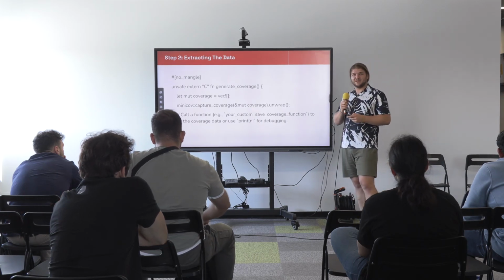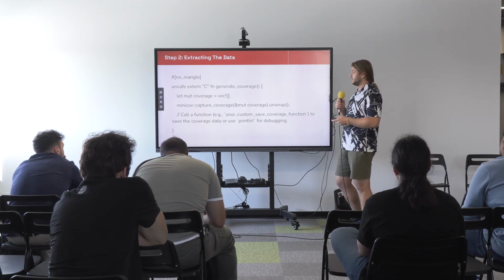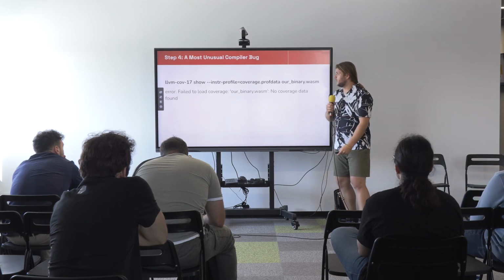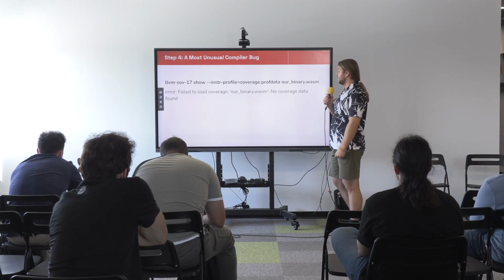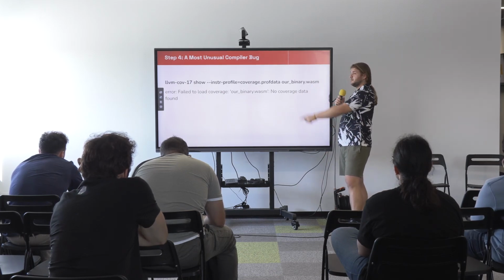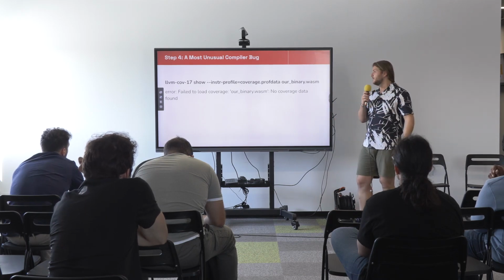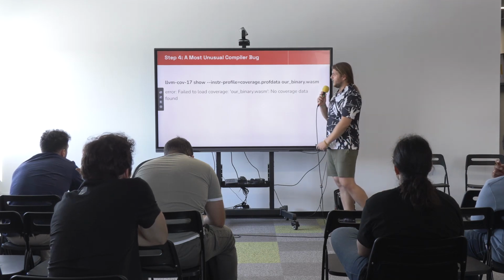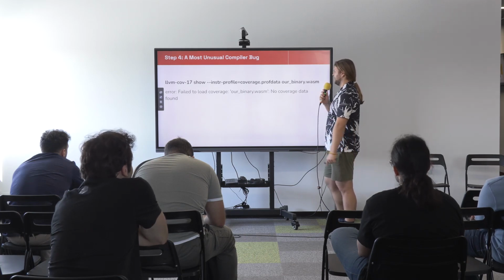I have profile files, and it seems to be okay. It seems to contain some stuff. So I go and I use my magical tooling and I try to generate coverage data. I'm doing this because there's no documentation on what I'm trying to do, by the way. Zero, anywhere. And I try to do this and I get no coverage data found.